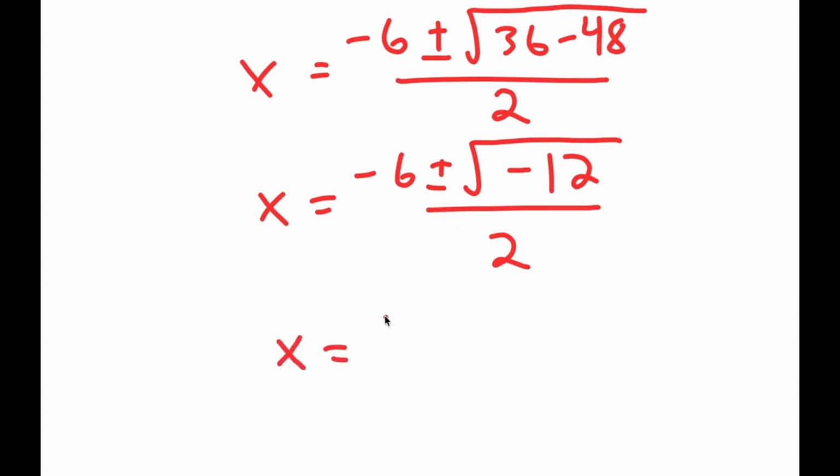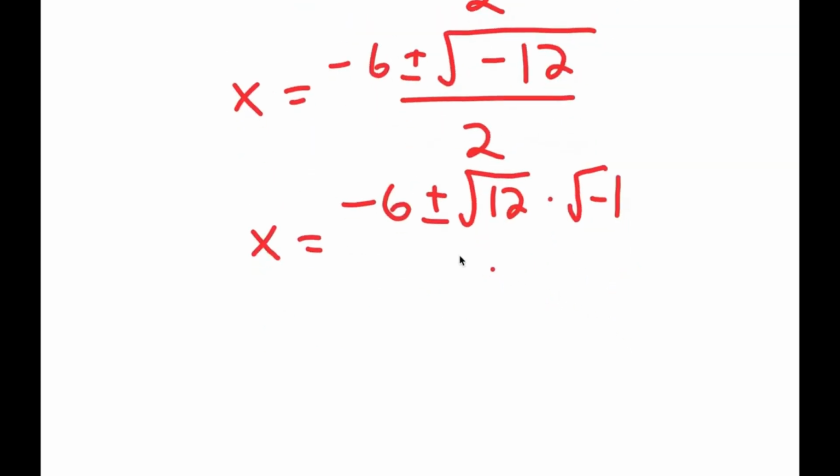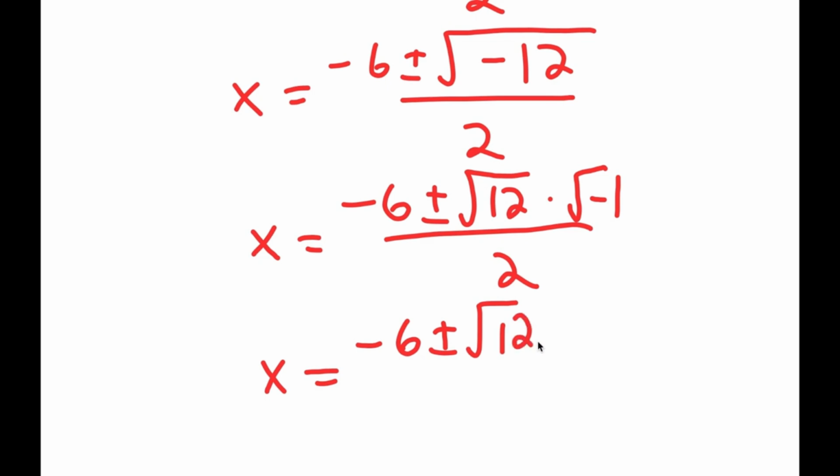Now from here, 6 plus or minus the square root of 12 times the square root of negative 1. And if you guys didn't already know, the square root of negative 1 is the same thing as the imaginary number i. So I get x is equal to 6 plus or minus the square root of 12 i over 2.